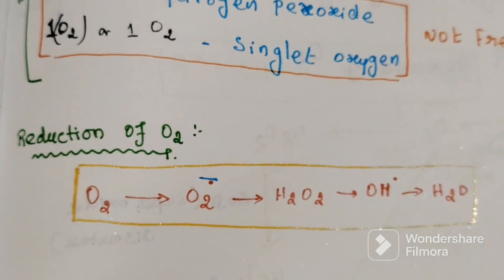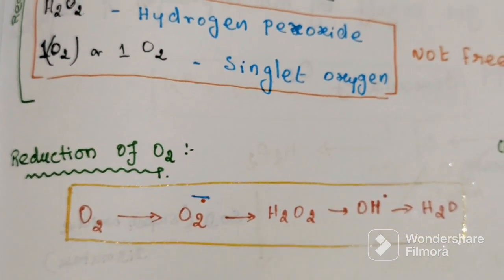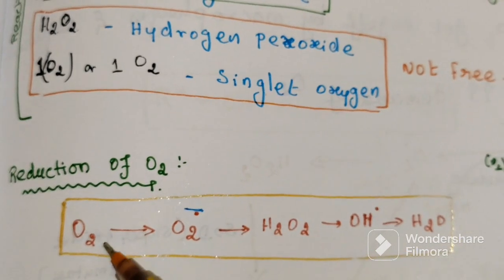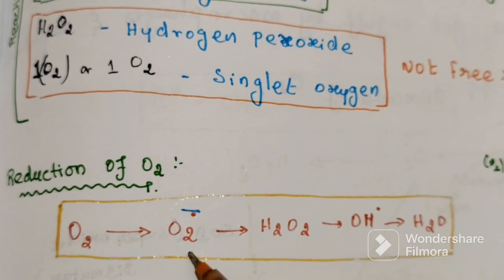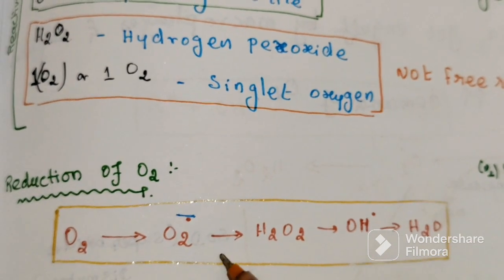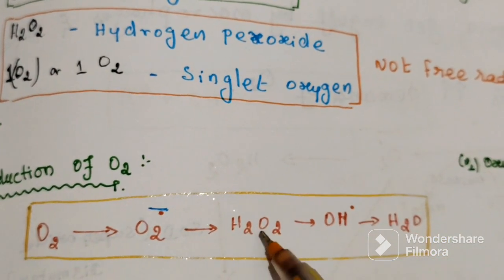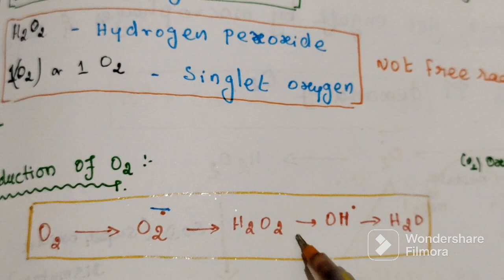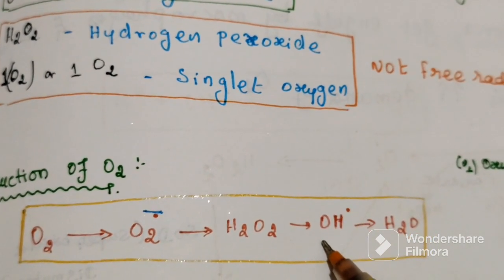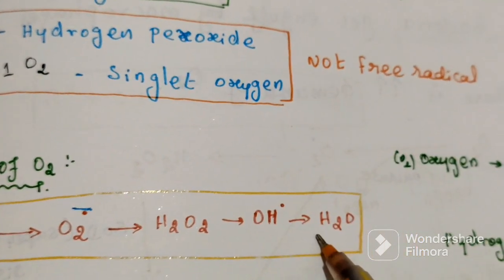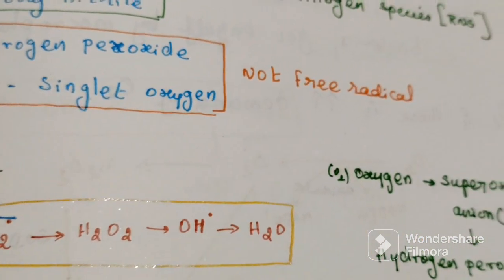Now the reaction of O2. Oxygen is converted into superoxide ion, which is converted into hydrogen peroxide. Then hydrogen peroxide is converted into hydroxyl radical, which is converted into water molecules.